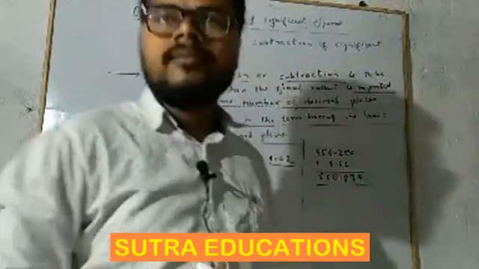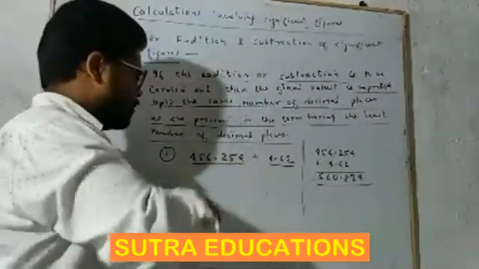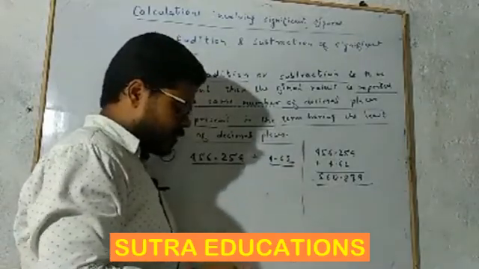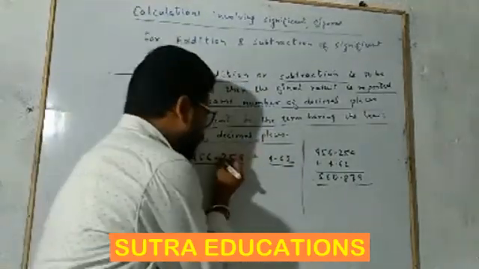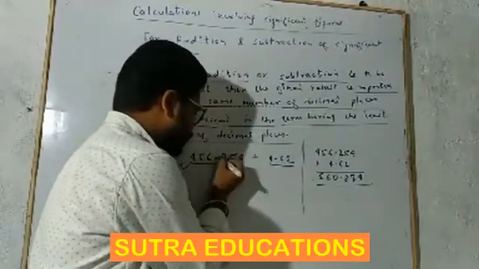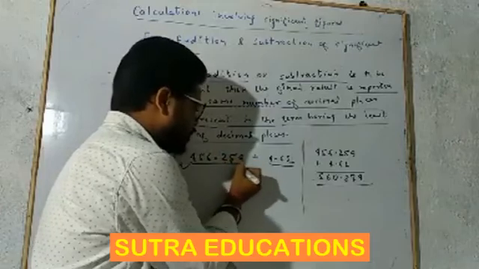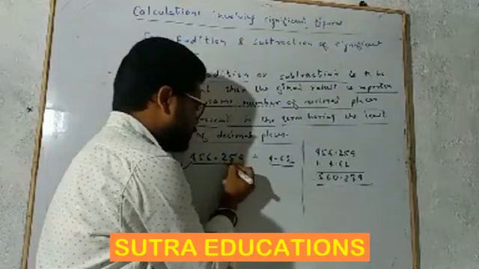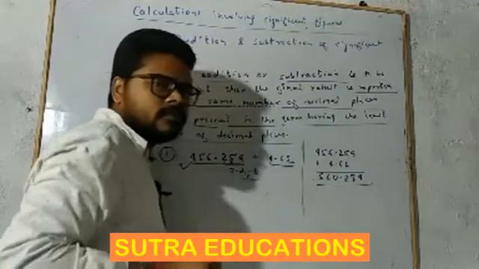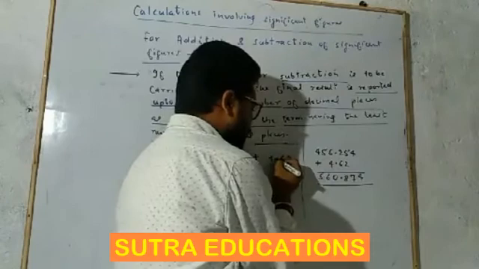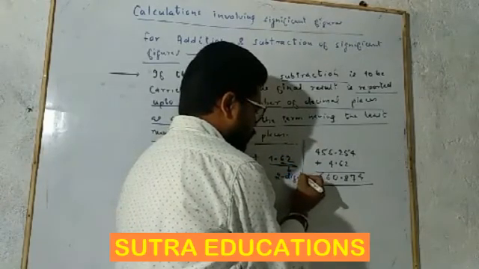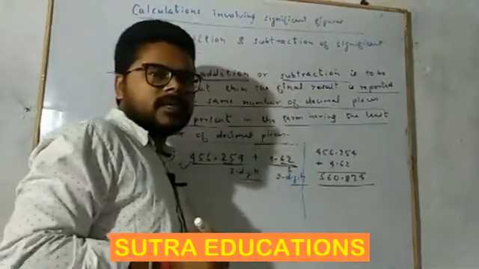Now what we have to do, just check the numbers after the decimal. Here after the decimal three digits are present, and here only two digits are present. Getting the difference?